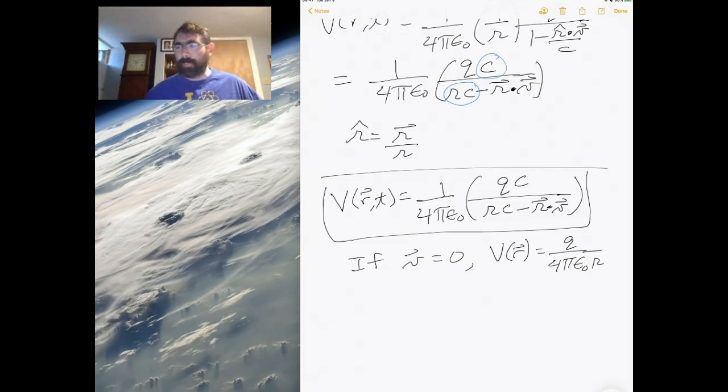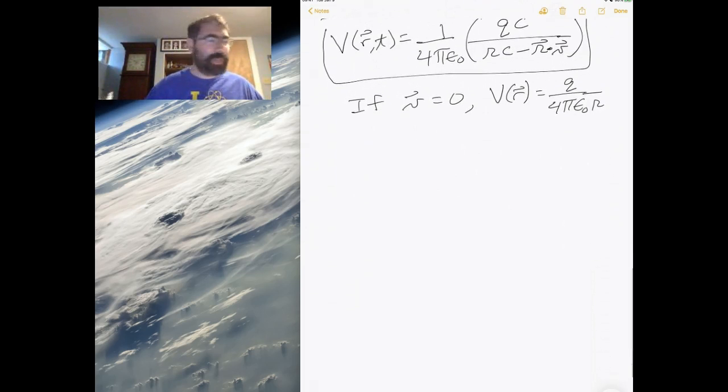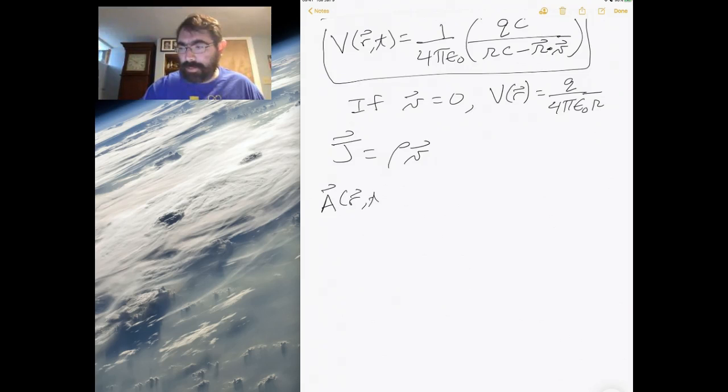Okay, well, what about the magnetic potential? For the magnetic potential, the current is now defined as the charge distribution moving with some velocity v. So we can put that in, and so the potential A is mu 0 over 4 pi, now the velocity over r.